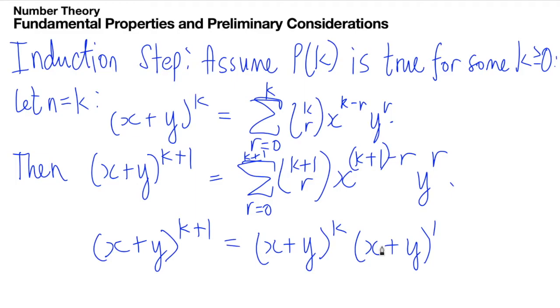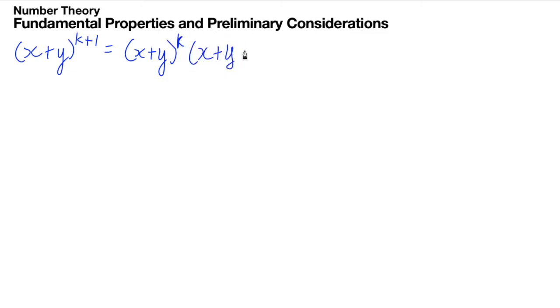Okay, now this is what we're going to do. I need to move to the next step, so let me copy that again in the next slide. (x + y)^(k+1) equals (x + y)^k times (x + y) raised to 1.